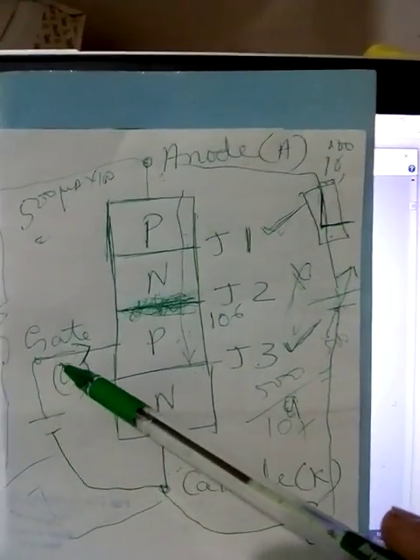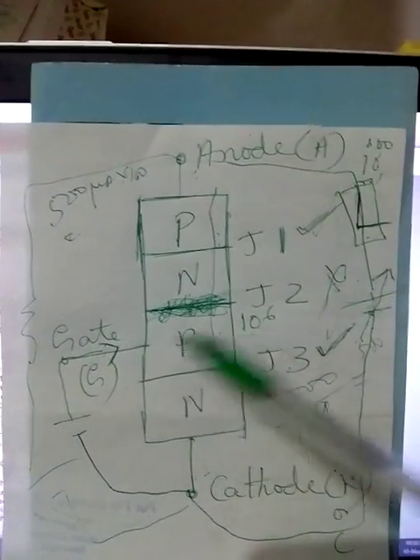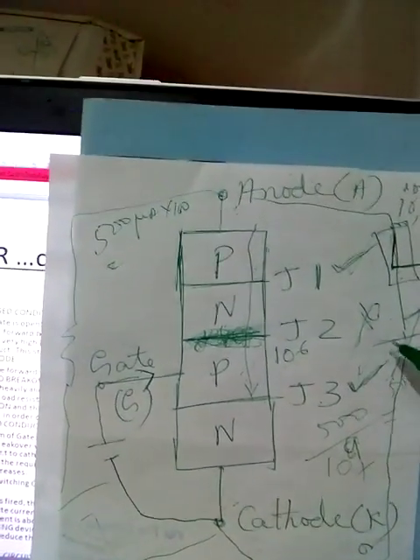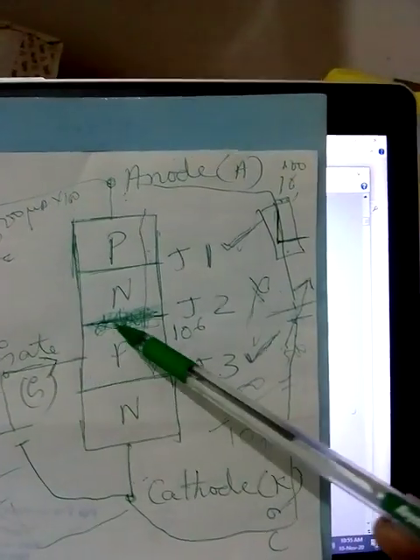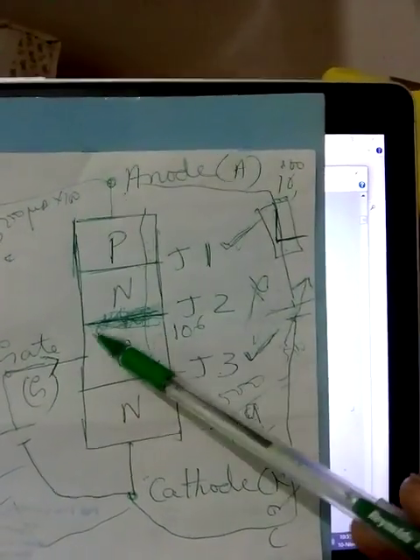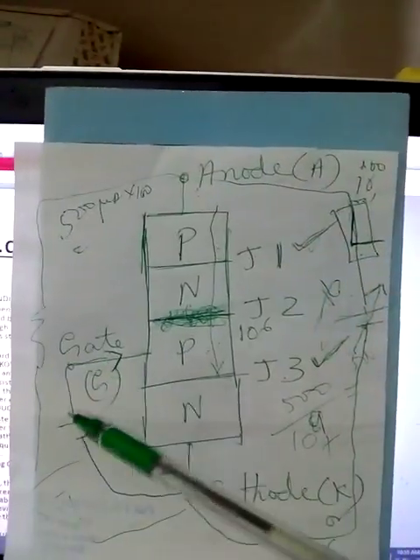If you make this 25 milliamperes, depending upon SCR, this will conduct even for 1 or 2 volts. So you can set the conduction point by changing the gate current.